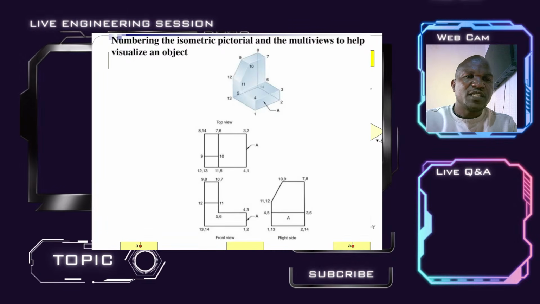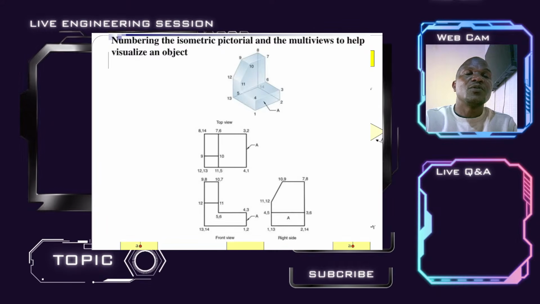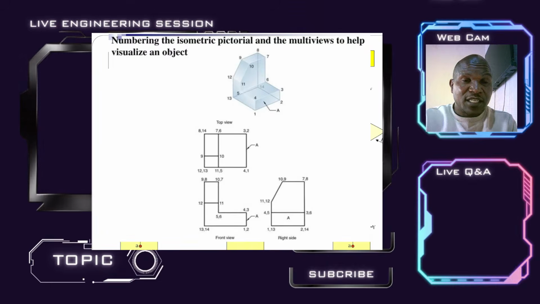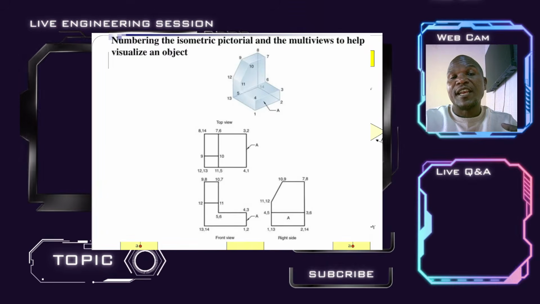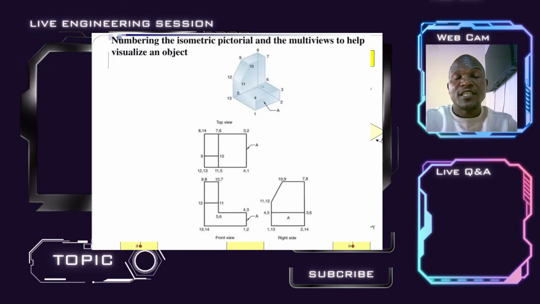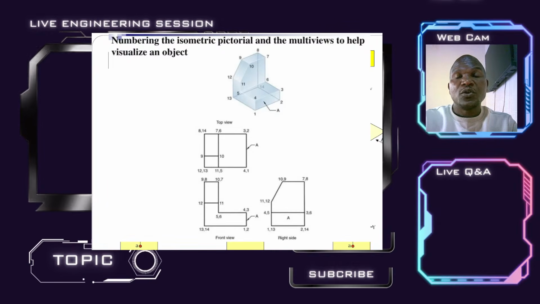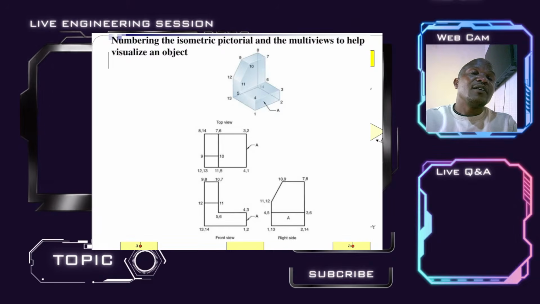13 and 14 tells you there's another edge behind that one. So it's not just 2D, you are communicating that there is another length coinciding with 13, which makes it not just a 2D plane, but more of a 3D object.